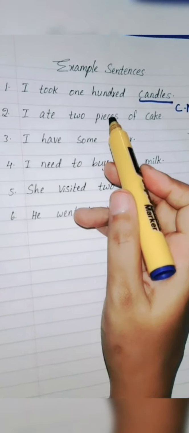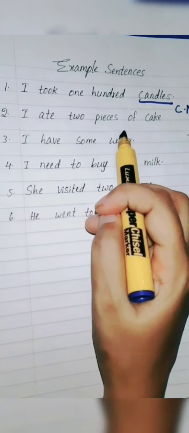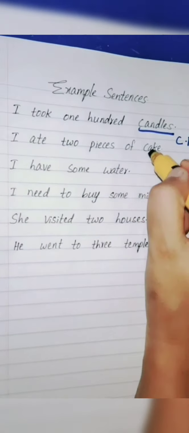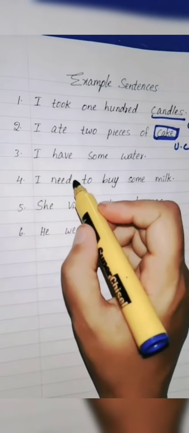Next, second one: I ate 2 pieces of cake. Two pieces of cake. Here we cannot count cake, but we can measure. So cake is an uncountable noun. Third one: I have some water.